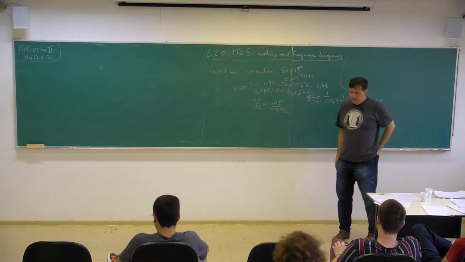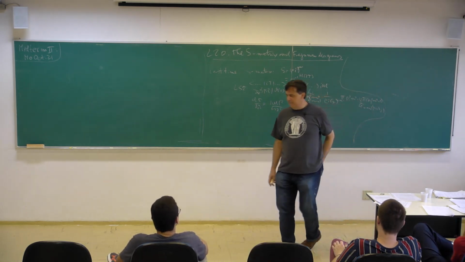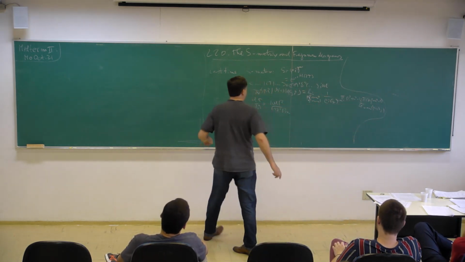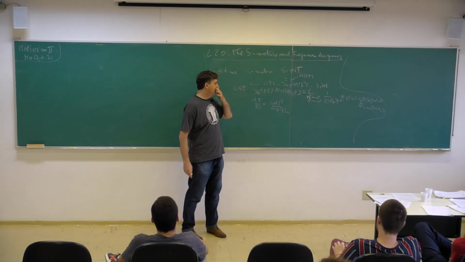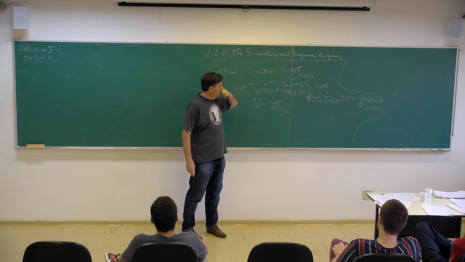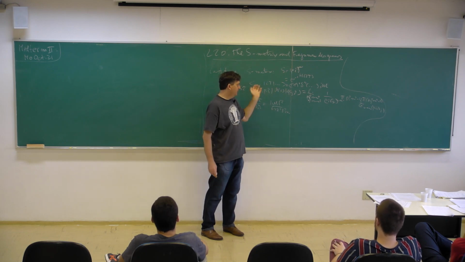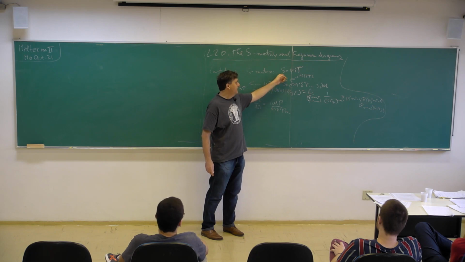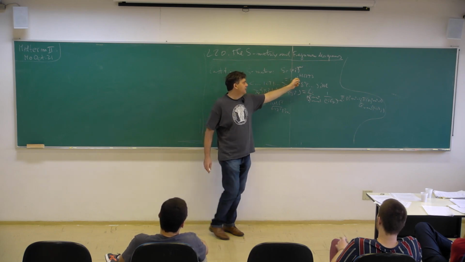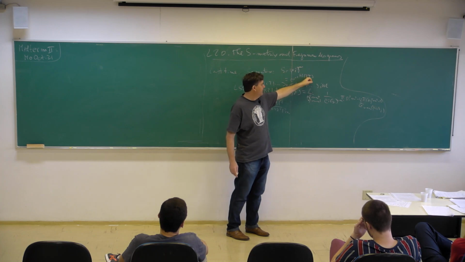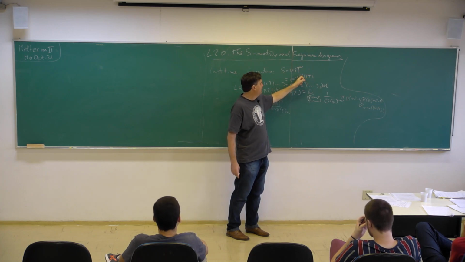So, to recap a little bit what we did last time. Last time I introduced the concept of an S matrix and of differential cross-section. The S matrix, as we saw, relates the probability amplitude to go from some initial state to some final state, and as an operator it is e to the minus i Hamiltonian times 2T, in the case where the Hamiltonian is time independent, of course.